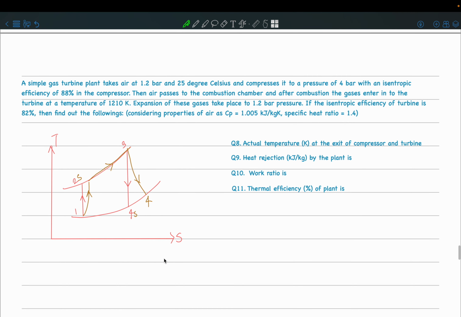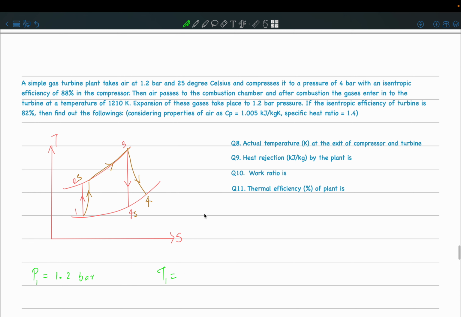Okay, so the next question is on a real gas turbine plant, that is we'll be dealing with non-isentropic paths. So a simple gas turbine plant takes air at 1.2 bar. So we are given P1. Okay, P1 is equal to 1.2 bar, and then 25 degrees Celsius. So that is the inlet temperature T1.